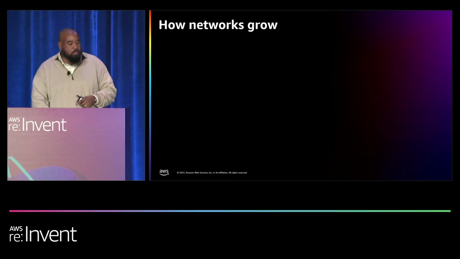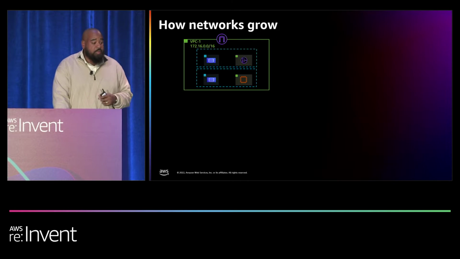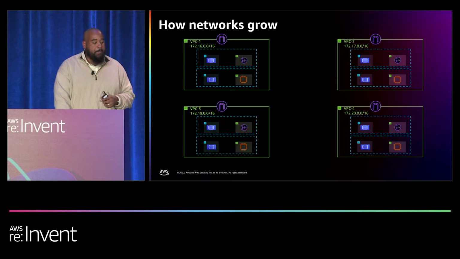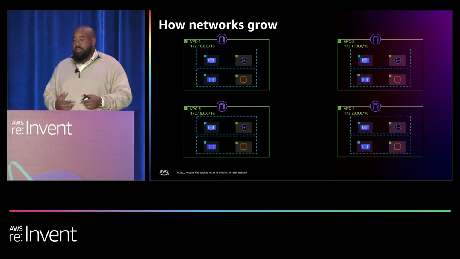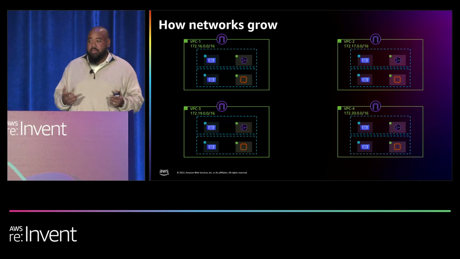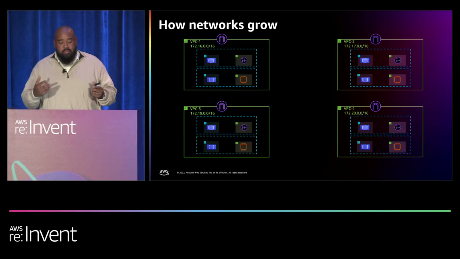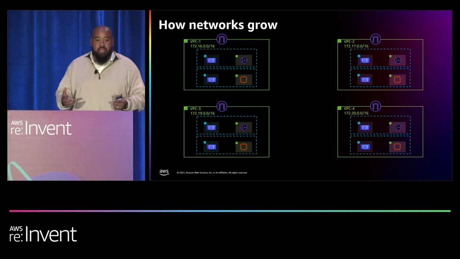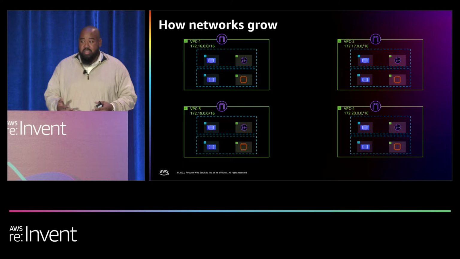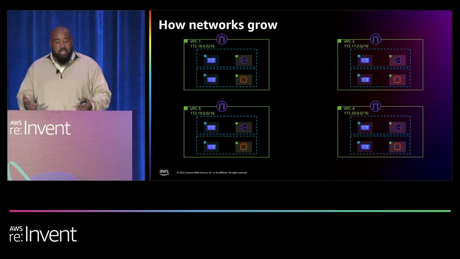Now, your network grows again. You have 2 more VPCs that are added to your network. Well, if you know anything about VPC peering, in order to have communication between each VPC, you have to interconnect or provide VPC peering between each VPC in order for them to communicate, meaning that you can't communicate in between VPCs to reach another.